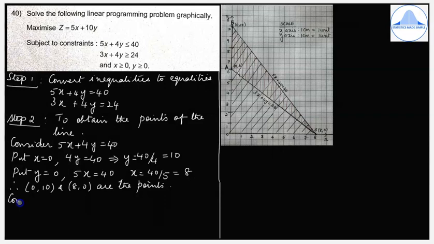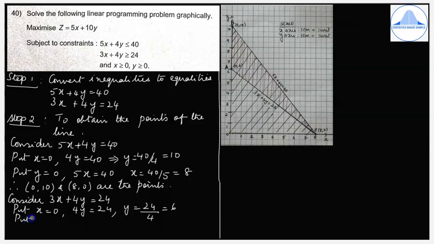Now similarly, take the next equation. Consider 3x plus 4y equal to 24. Now put x equal to 0. You will get 4y is equal to 24, or y is equal to 24 divided by 4, which is 6.